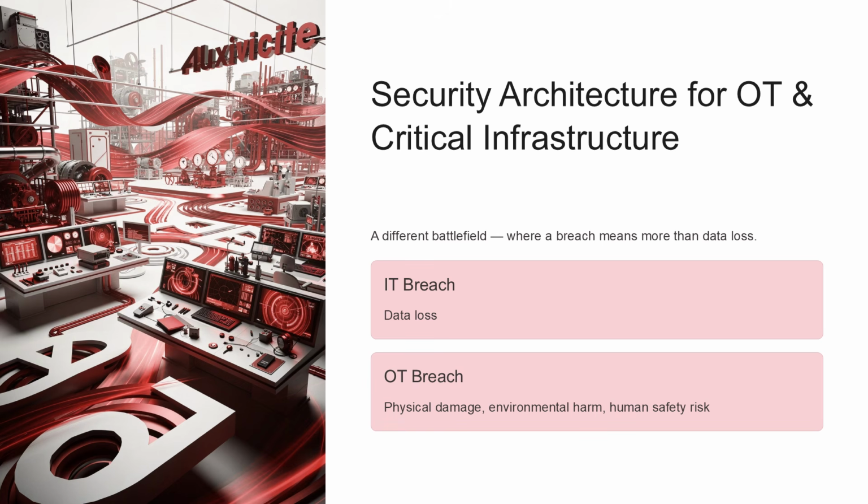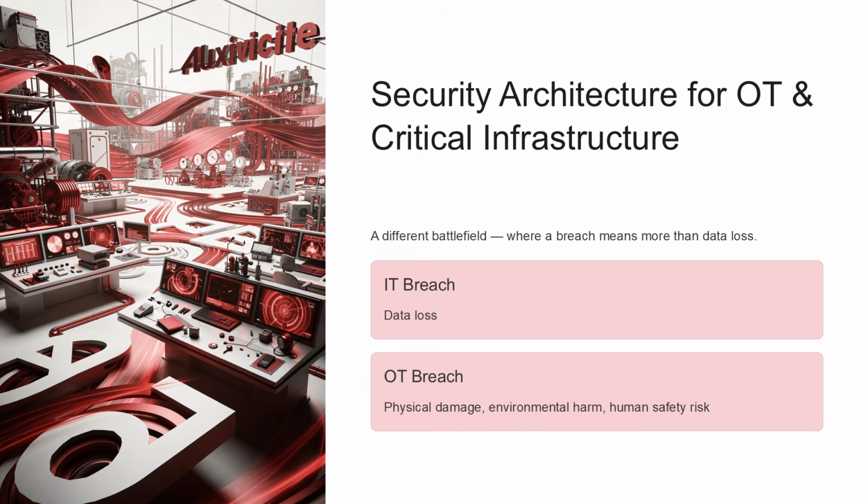In OT environments, you are protecting power generation systems, water treatment facilities, manufacturing plants, transport systems, energy distribution networks. Here, availability and safety often outweigh confidentiality. A breach in IT may result in data loss. A breach in OT may result in physical damage, environmental harm, or human safety risk.